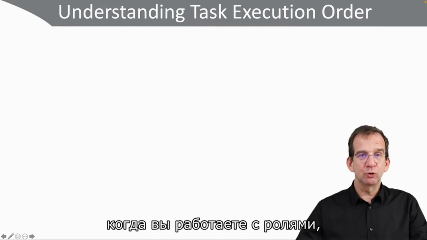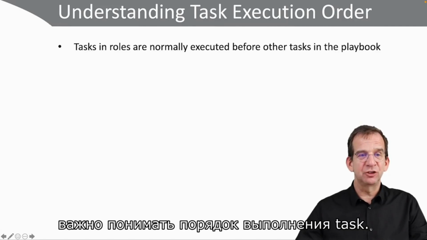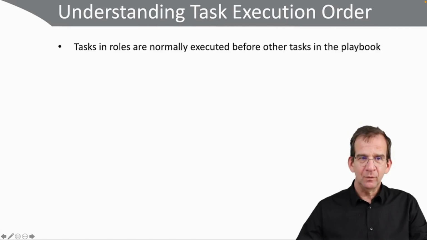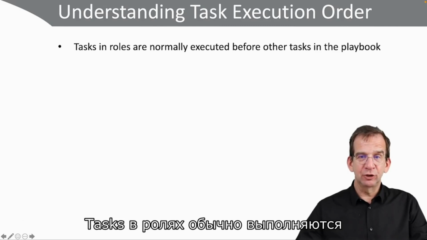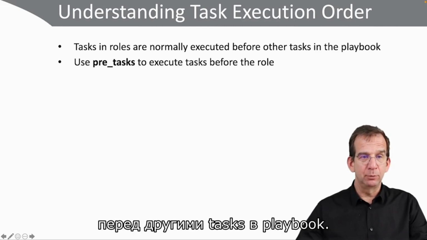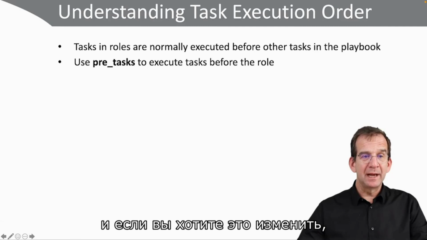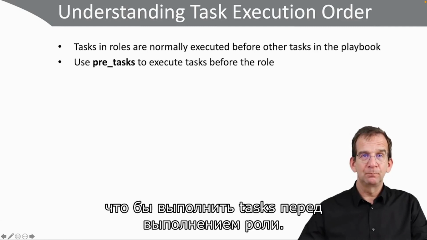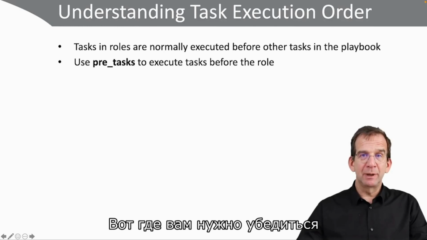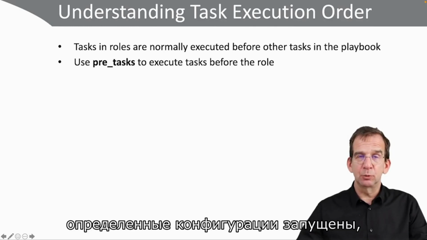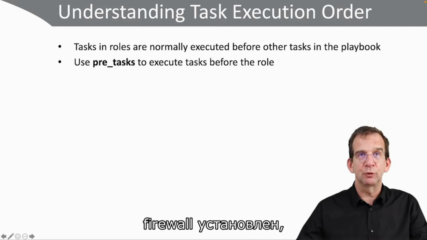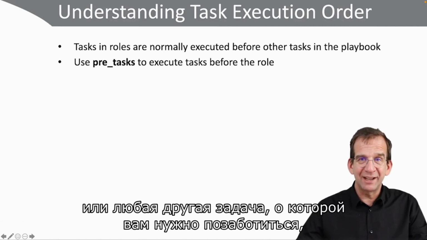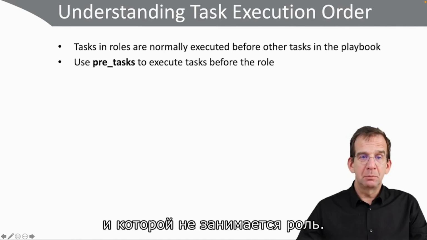When you are working with roles, it's important to understand task execution order. Tasks in roles are normally executed before other tasks in the playbook. If you want to change that behavior, you can use pre-tasks to execute tasks before the role. That is where you need to make sure that your system is updated, some configuration is started, firewall software is installed, or whatever task you need to take care of and which is not taken care of by the role.